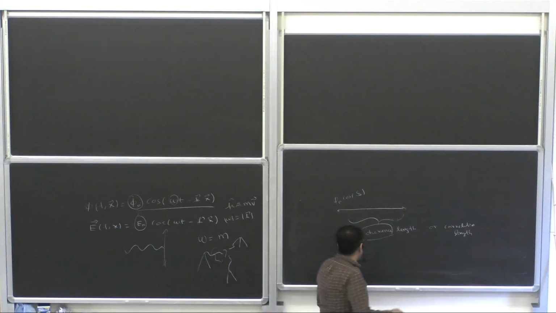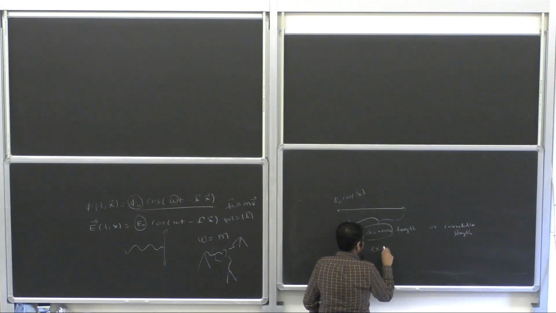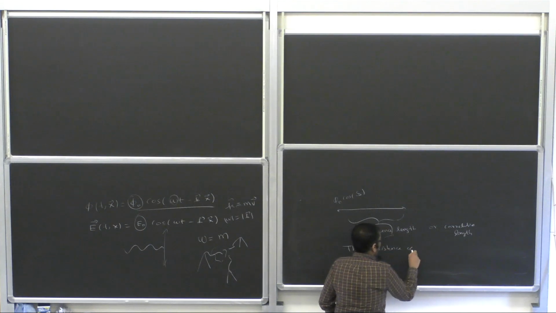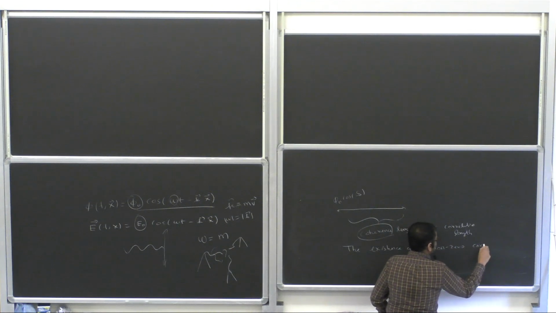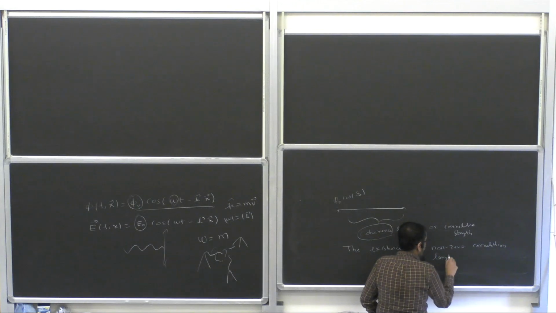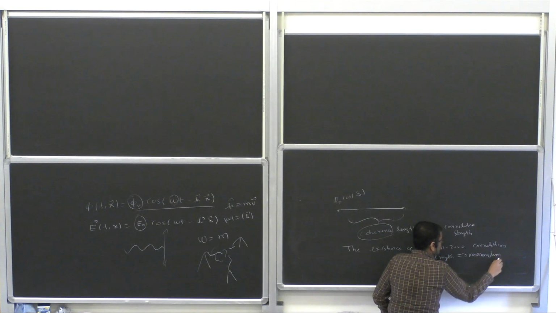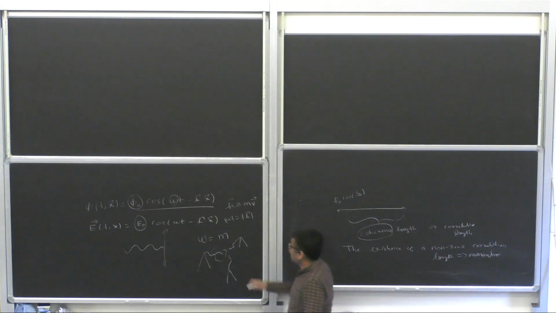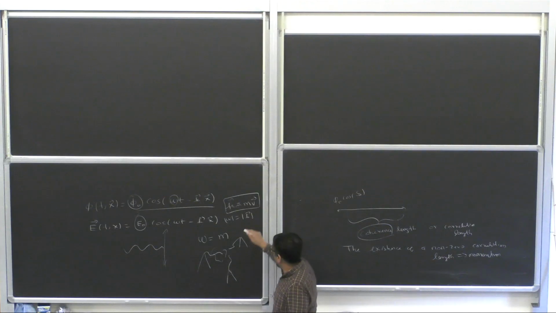So the existence of a non-zero correlation length implies momentum in the field. And we know that the maximum momentum the dark matter can have is set by the mass of the dark matter times the velocity of dark matter, which in the galaxy is about 10 to the -3.